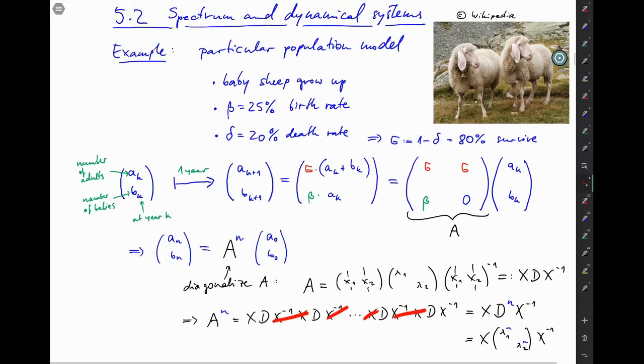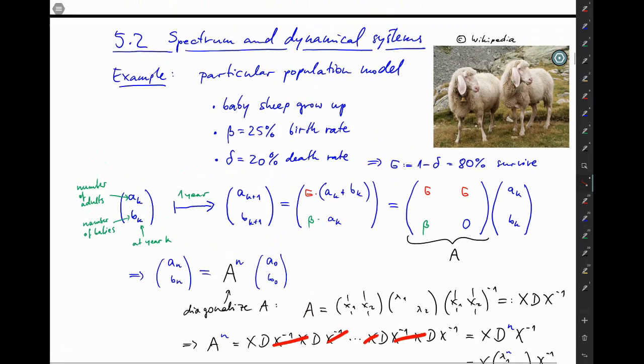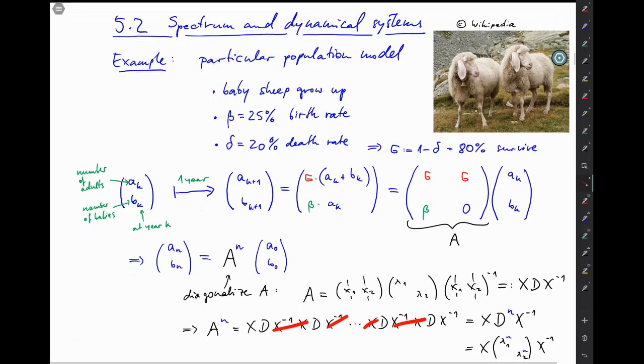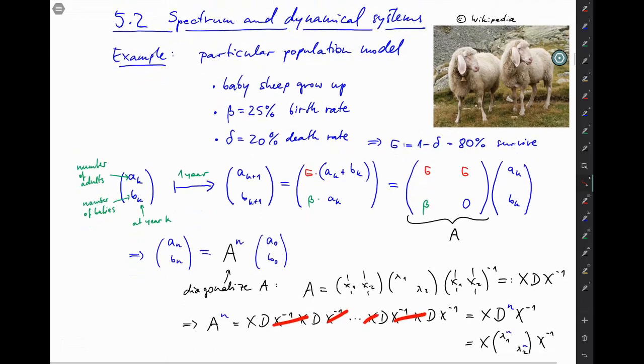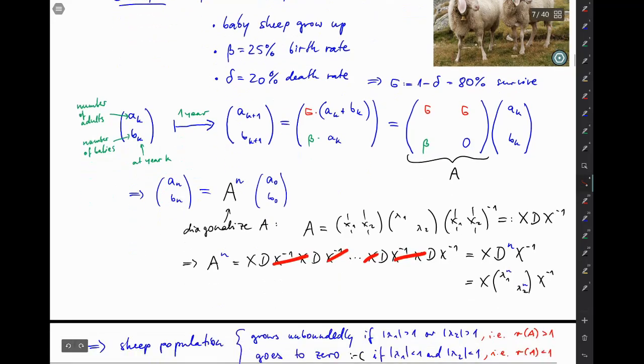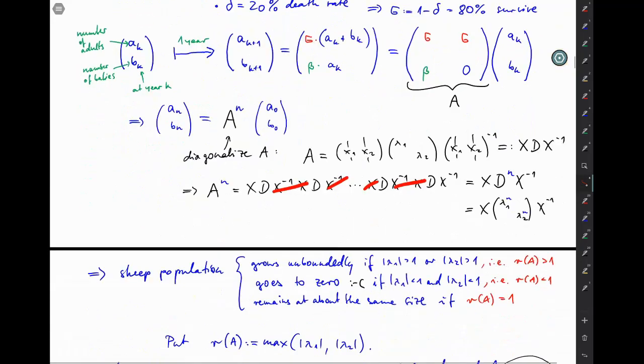But of course, if you improve the living conditions by, I don't know, getting better food or playing with your sheep daily, then you might improve the birth rate, or you might improve the survival rate, and then you're very close to being extremely successful, because you're getting your spectral radius above 1.